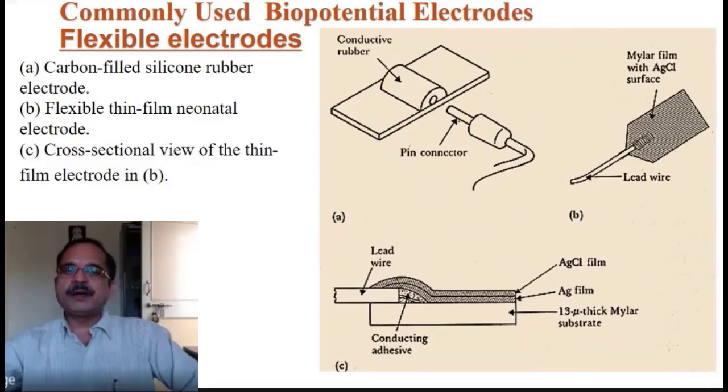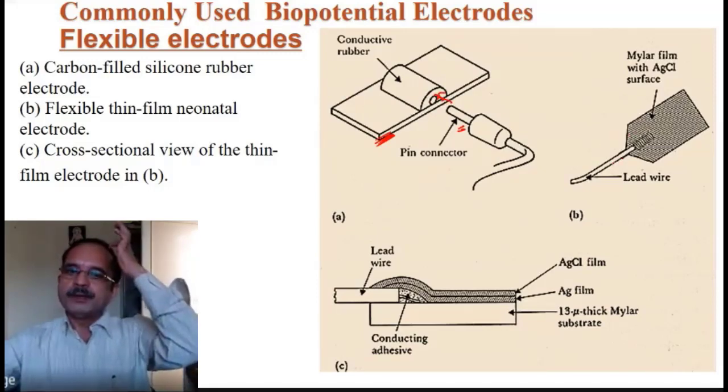Conductive rubber, and there is a pin connector here. This conductive rubber part will be mounted on the body surface. Since it is flexible, it can adopt any shape, and there is a pin connector, so you can insert this pin inside the socket.